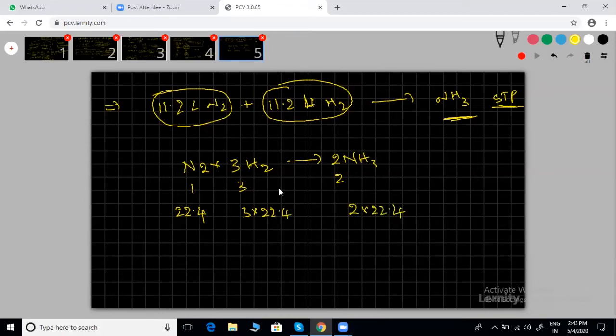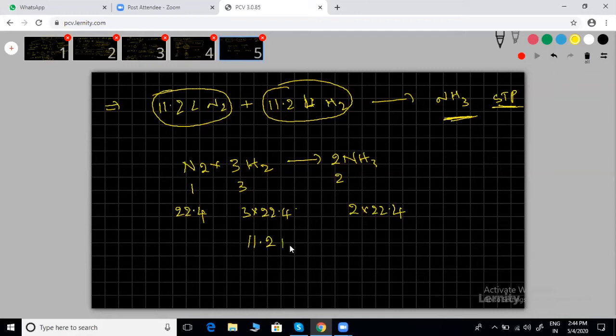So which is the limiting reagent here? I think hydrogen. 22.4 of nitrogen requires 3 into 22.4, so for 11.2 we would need 1.5 into 22.4, but less amount is given here. So hydrogen is the limiting reagent.